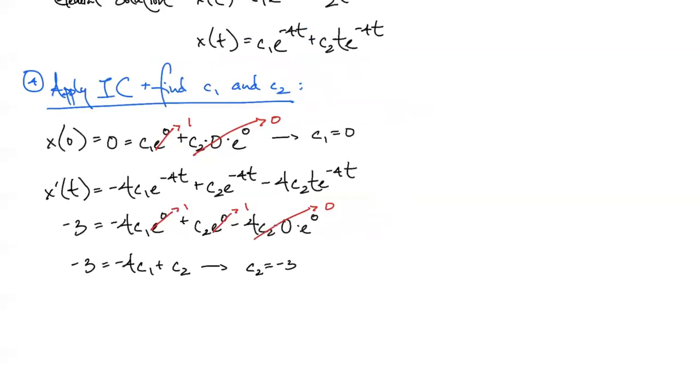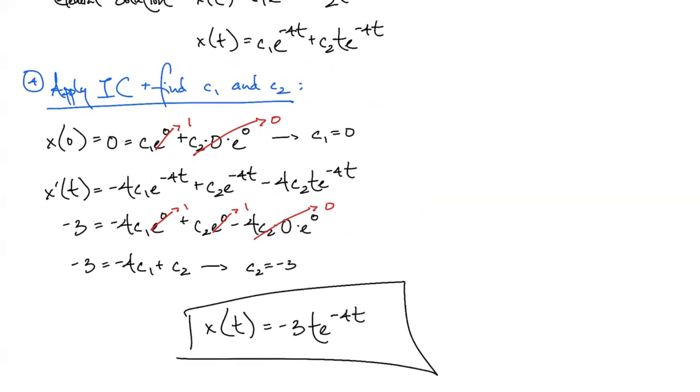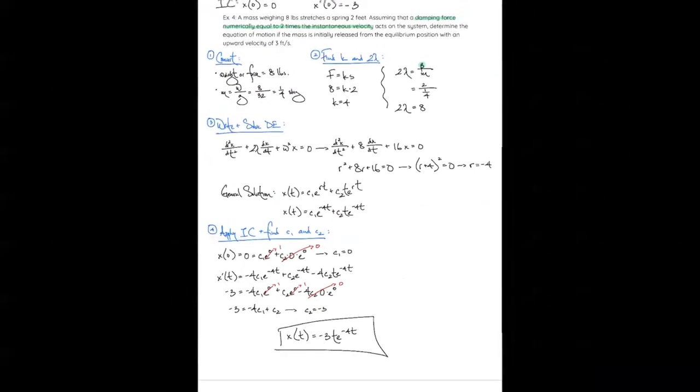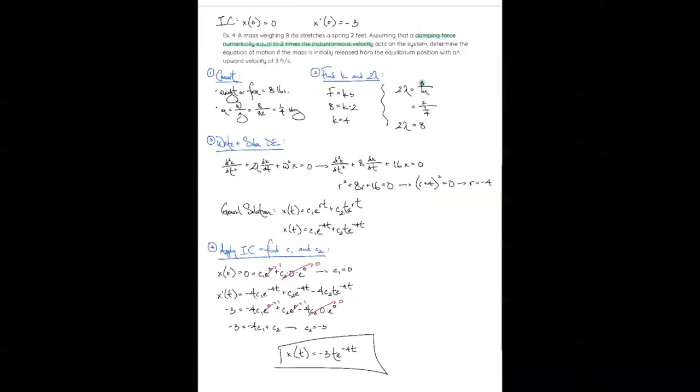And so to be thorough, we're going to go back and say my equation of motion, including coefficients, is just going to be -3t e to the -4t. So it's okay for things to zero out as you are finding those coefficients.